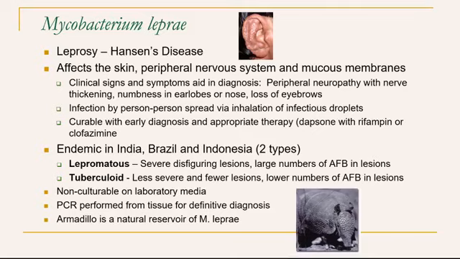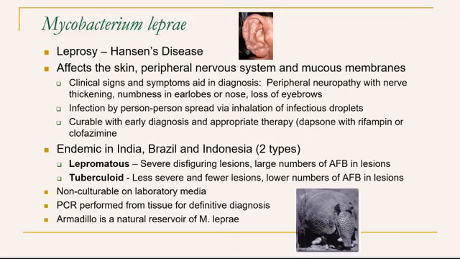Usually there's a peripheral neuropathy with nerve thickening, numbness in earlobes or nose, and loss of the eyebrows. Infection is by person-to-person spread via inhalation of infectious droplets. It's curable with early diagnosis and appropriate therapy, which is usually dapsone with rifampin or clofazimine.